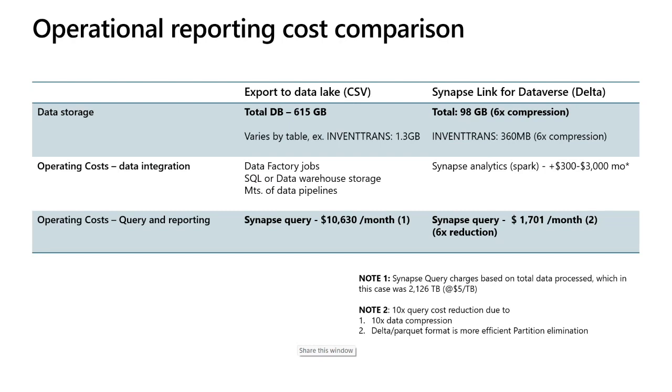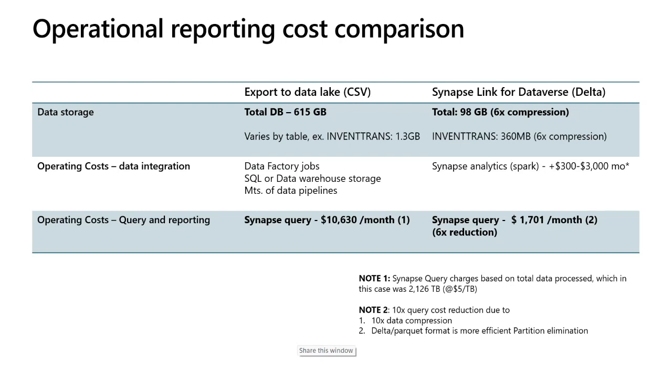Sure. As Milinda mentioned, the cost of data storage in Delta is quite drastically down compared to CSV because it's a columnar and compressed format.